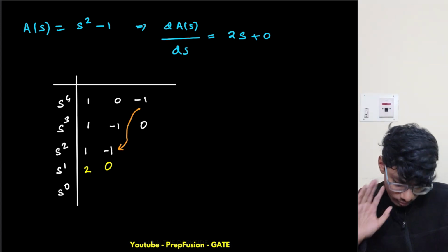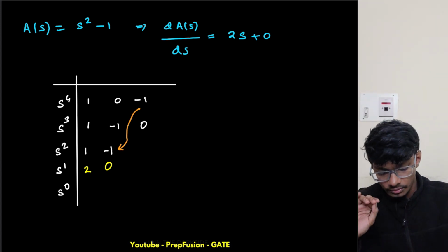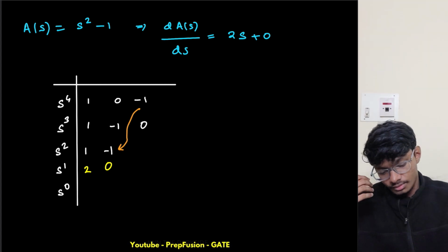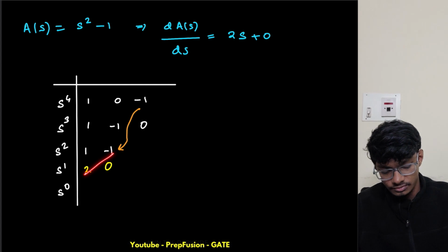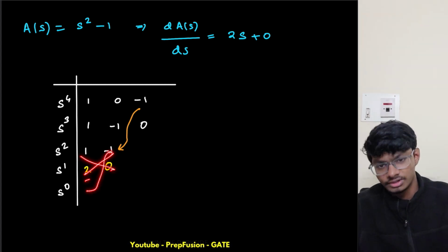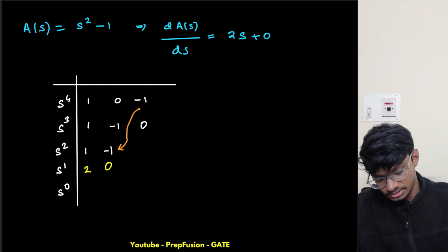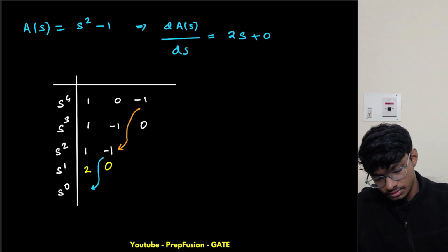So that we got. Now let's compute the last row. So this is 2 times minus 1, 0, divided by 2, so this one will come over here, which equals minus 1.